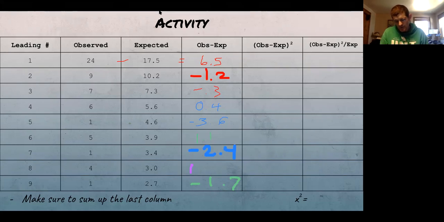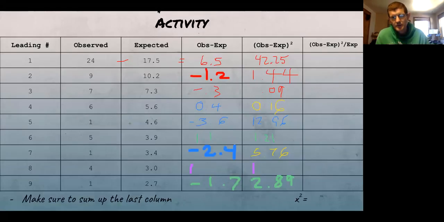For our purposes, we square this just to get positive numbers. So I'll take my 6.5, square it, and I got 42.25. You can fill in the table with yours. So we did observed minus expected, squared it, and the numbers look good so far.